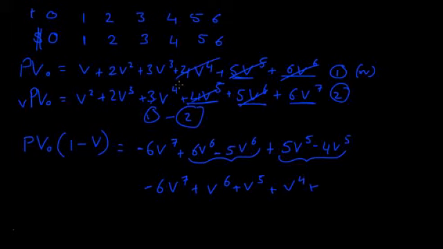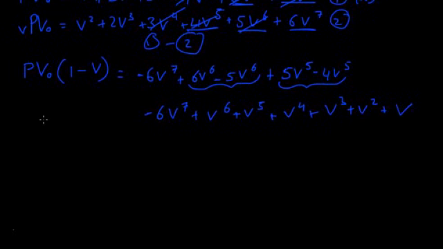So they're gone. v^3, v^2, like that. And the first equation is positive, so this is just plus v. Okay, so we're getting somewhere. And we can still keep this bit, the present value times 1 minus v, which can also be called d, whatever you want. We'll see what we want to call it later.